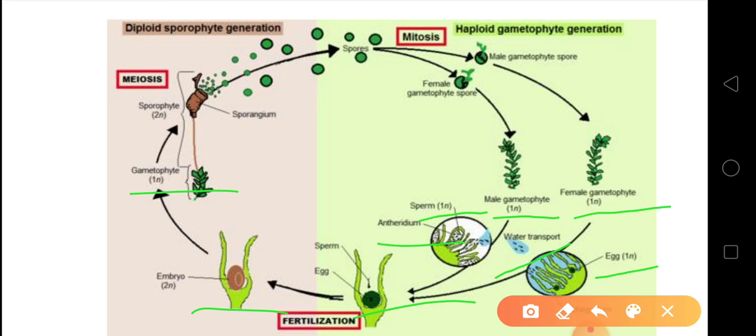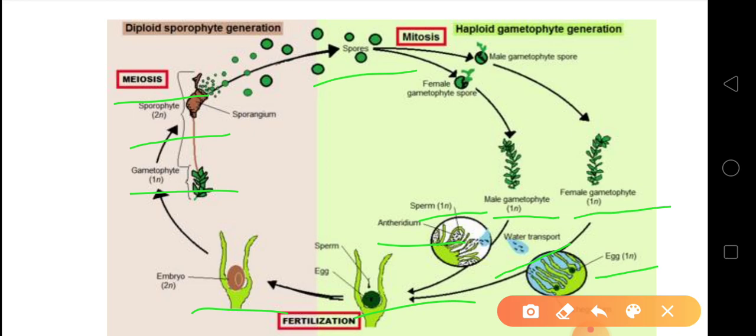So here the gametophyte then converts into the sporophyte that has 2n, and in the sporophyte the spores are there. These spores are divided by the process of meiosis. Cell division occurs, and these spores form four haploid spores by the process of meiosis.